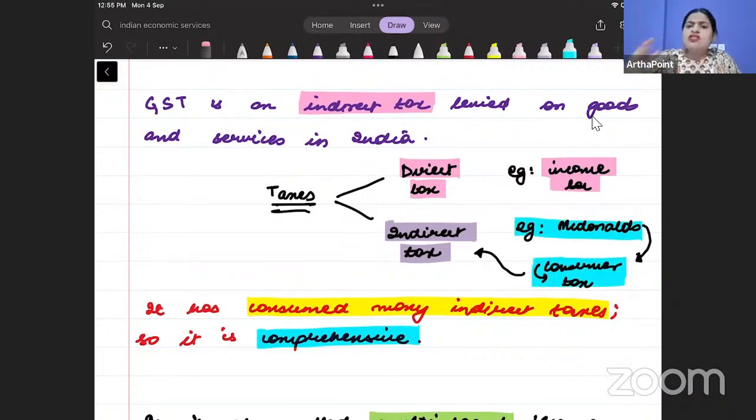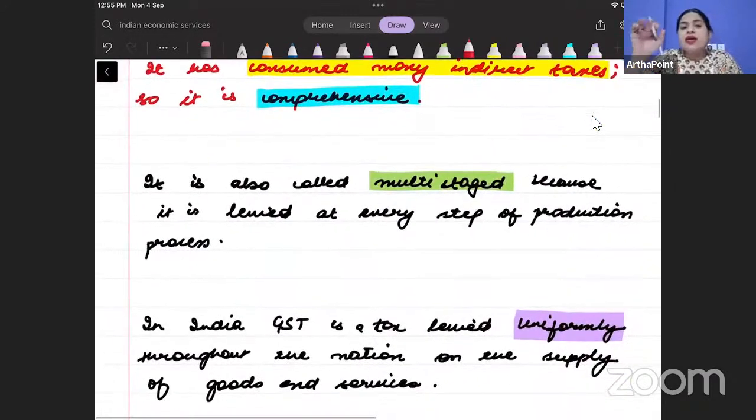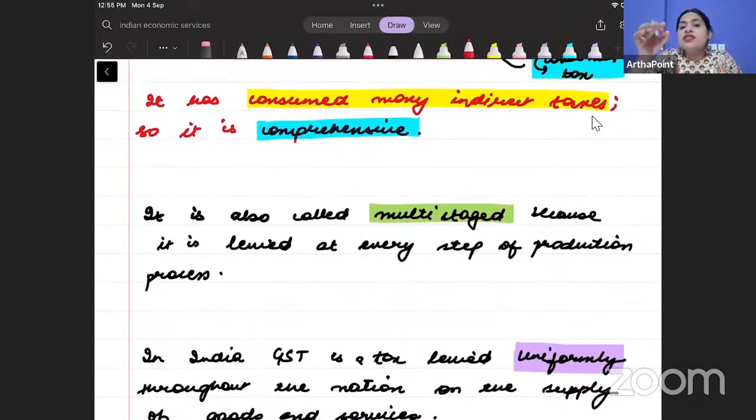All goods and service taxes, जितने भी goods पे पहले भी लगते थे tax, all of those were indirect taxes. So beta, what are we learning? We are learning that GST is an indirect tax levied on goods and services in India. Okay, come forward. It has consumed many indirect taxes, so it is comprehensive. So I will talk about this first.